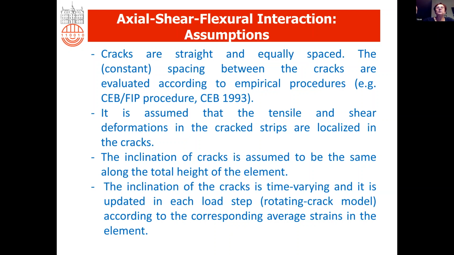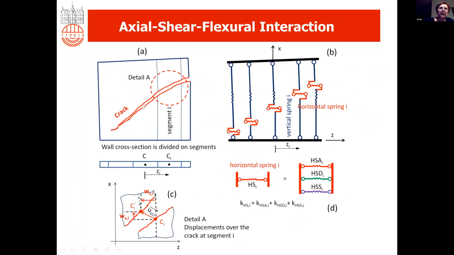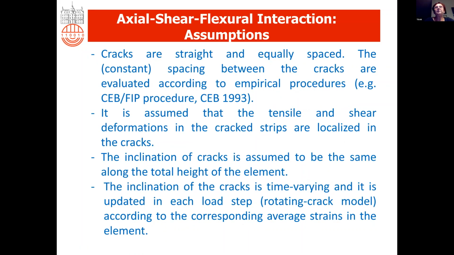It is assumed that all the cracks are straight, so it is not possible to take into account different inclinations. And it is assumed that all the tensile and the shear deformation are localized in the cracks.